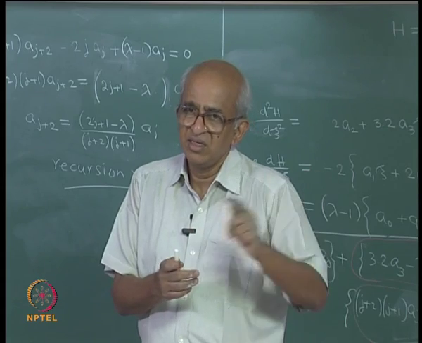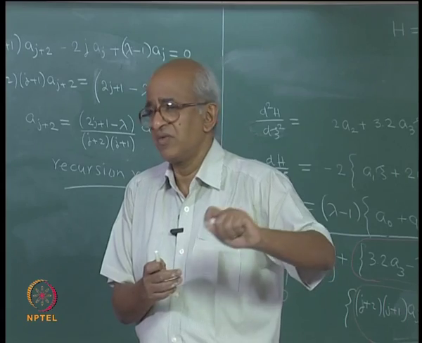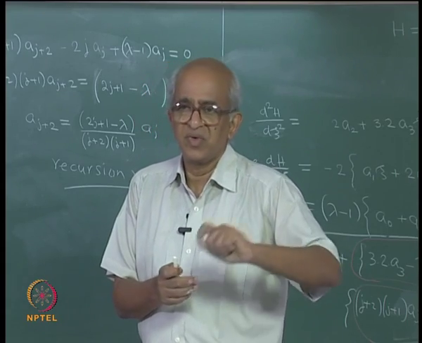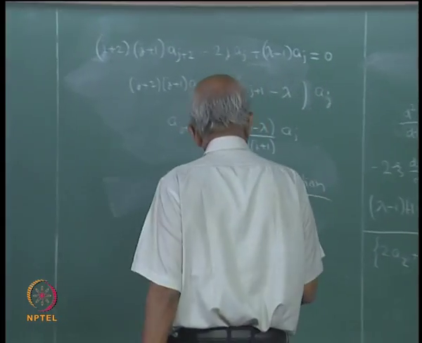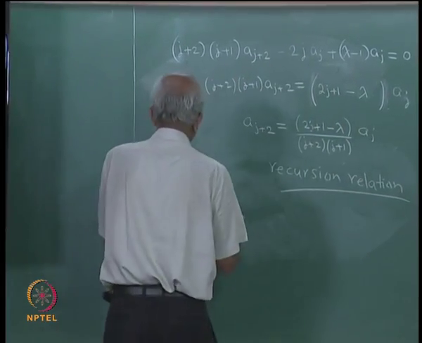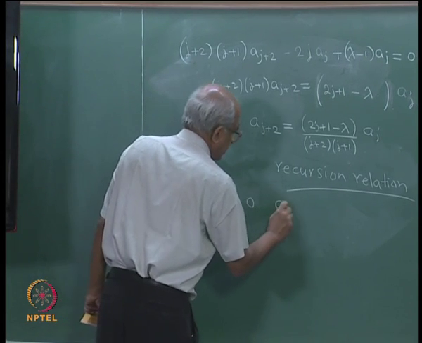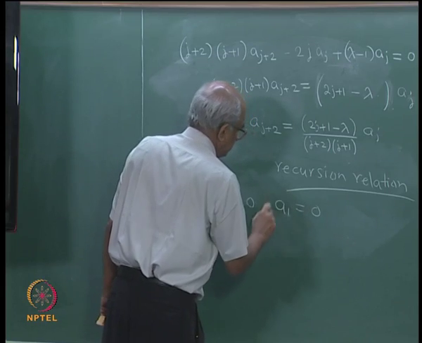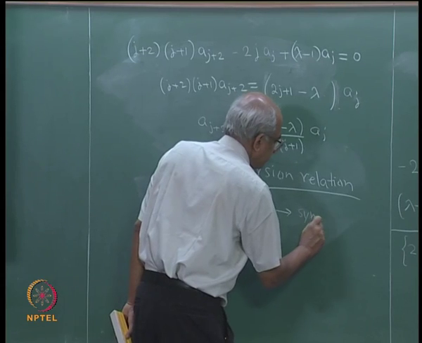I will get the odd series, and that means I will get the antisymmetric functions, correct. So, let us say that I will think of the situation where a0 is non-zero but a1 is equal to 0. This will give me the solution that is symmetric.